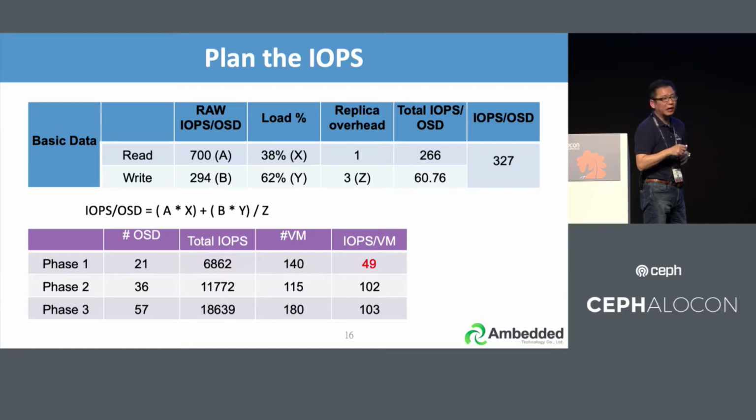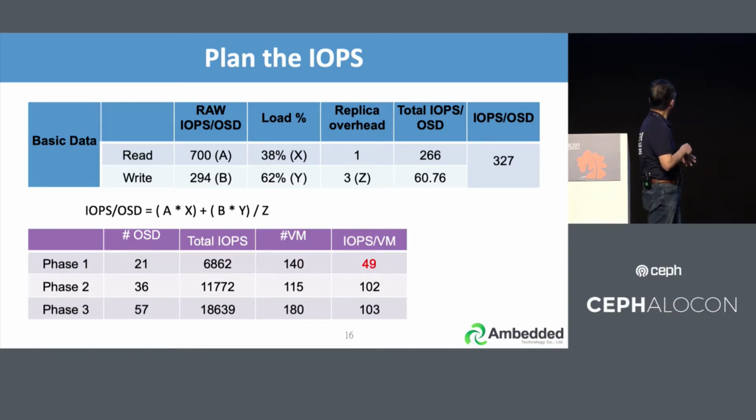So in phase one, which is the problem one, they only get less than 50 IOPS per VM. In phase two, when we expand another 15, they get double the IOPS per VM. That certainly releases the workload.